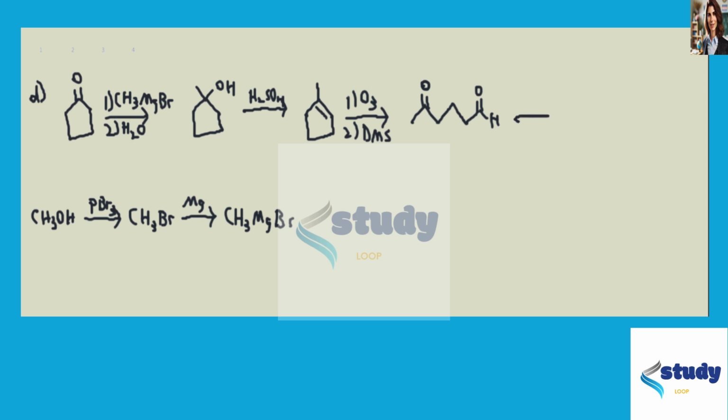And now the last thing that we need to do to get our final product is just going to be an intramolecular aldol. So some base and some water. Should get us here to our product for part D.